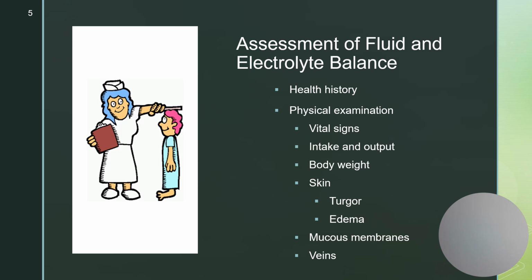We look at the client's skin. Their skin appearance, color, temperature, and turgor is going to reflect fluid balance. Remember, skin turgor on the older adults should be assessed on the forehead, clavicle, or sternum due to loss of skin elasticity.